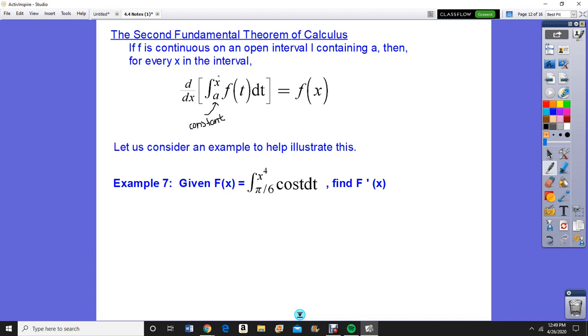Then for every x in the interval, if we take the derivative of our integral as we move from a constant to some variable x, or some variable expression written in terms of x, of this lowercase f of t dt, then what we would get back is the function written in terms of x.